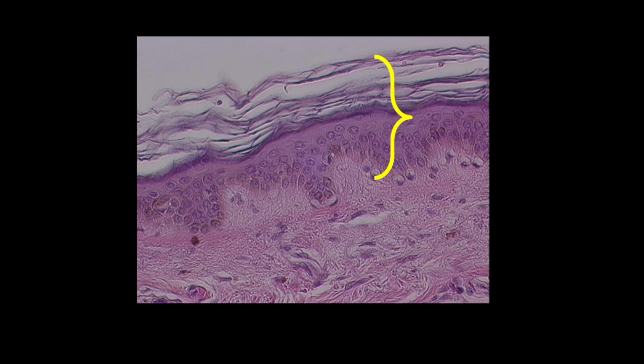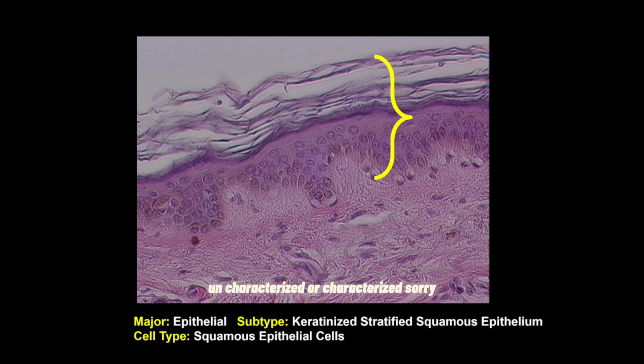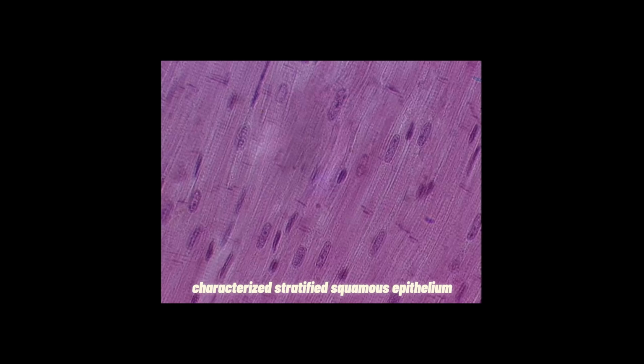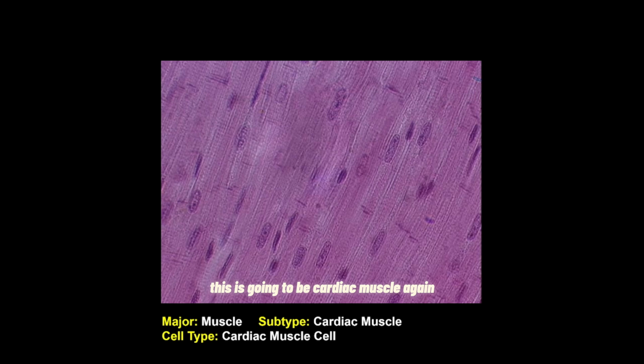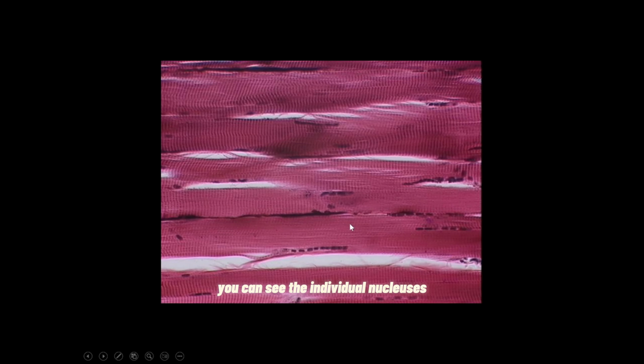This one's also adipose. This is going to be keratinized stratified squamous epithelium. This is going to be cardiac muscle again. See, just like that other picture, you can see the individual nucleuses.